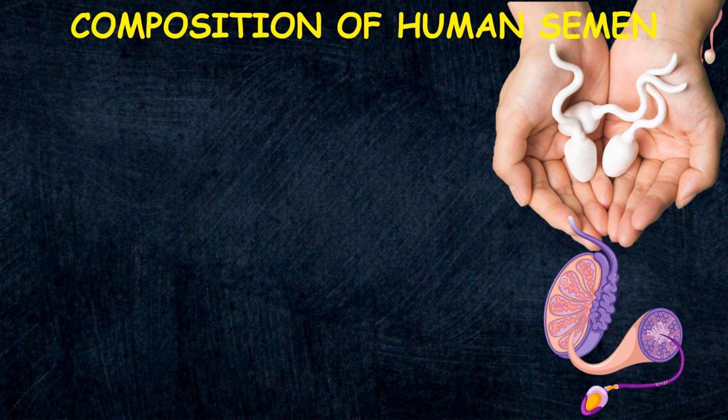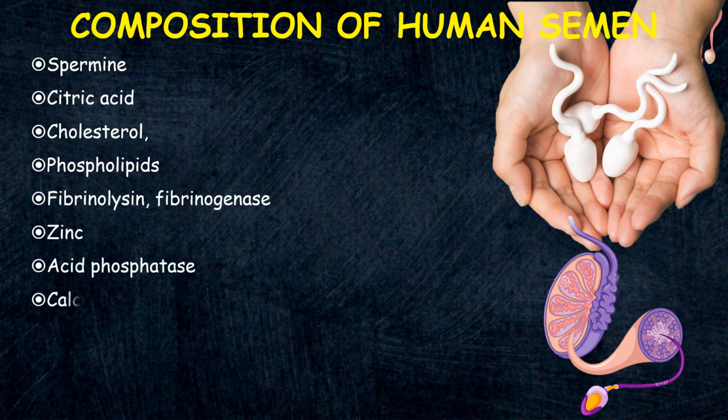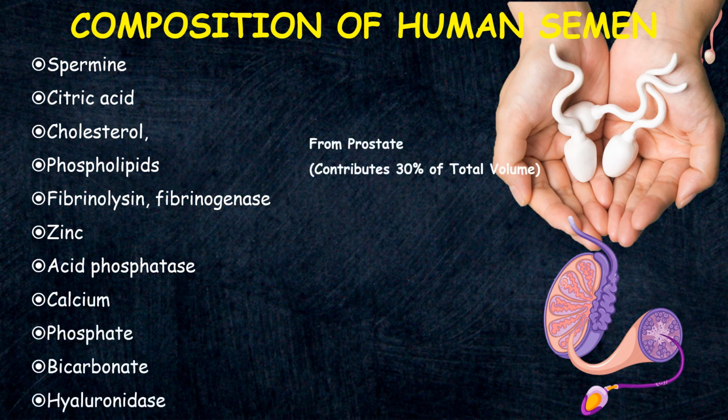Composition of semen, the secretion of the prostate gland. The prostate gland secretion contains spermine, citric acid, cholesterol, phospholipids, fibrinolysins and fibrinogenase, zinc, acid phosphatase, calcium phosphatase, bicarbonate and hyaluronidase.